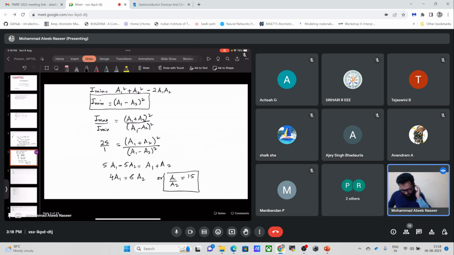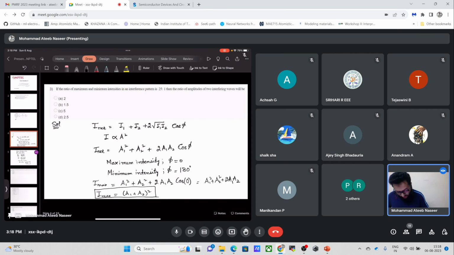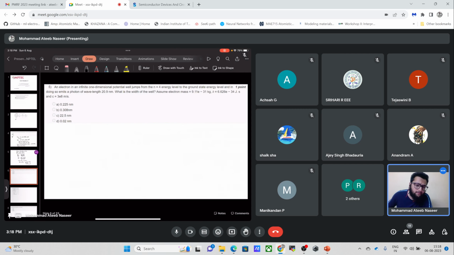Yes, it is 1.5. So let's check if any option matches. Yes, option B is matching with our answer, and so option B seems to be the correct one.